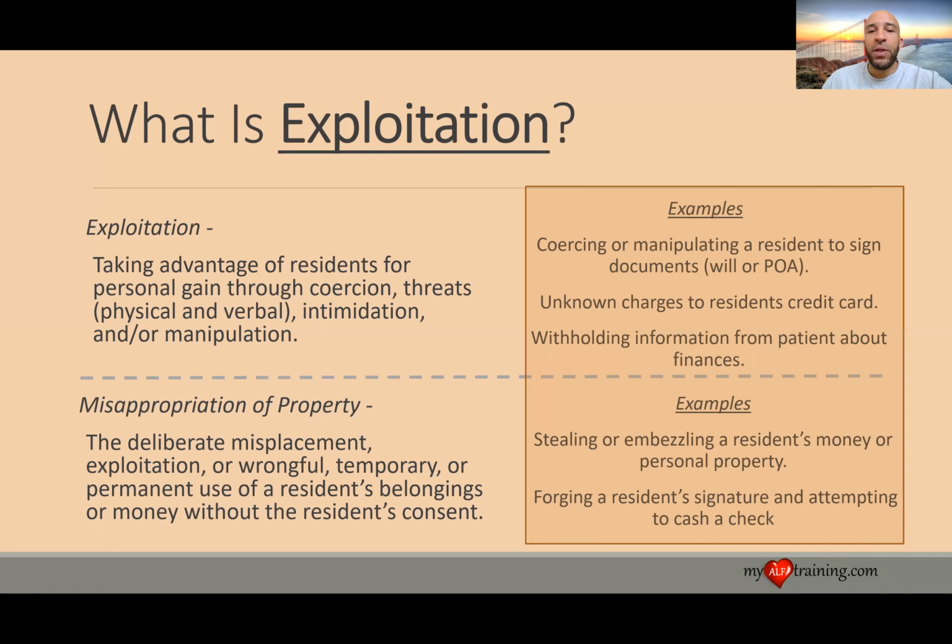As an example to illustrate exploitation, when you coerce or manipulate a resident or patient to sign documents, as in a will or a power of attorney. Sometimes situations that I found myself in while working in healthcare involve power of attorney, where family members, when an elderly loved one becomes sick and hospitalized, argue over who can become power of attorney.